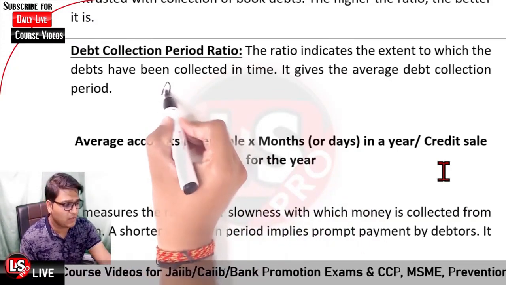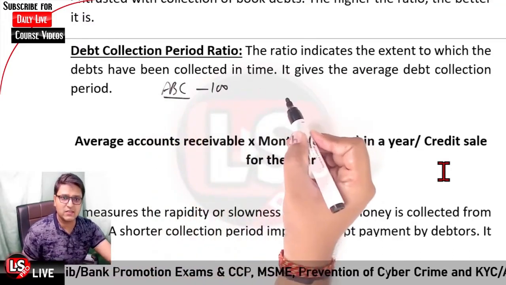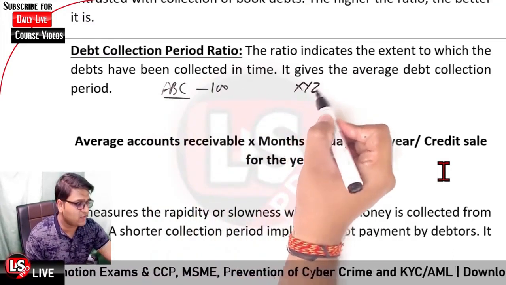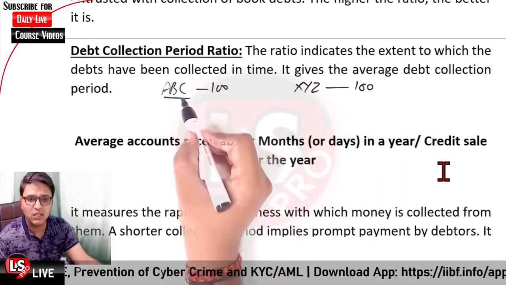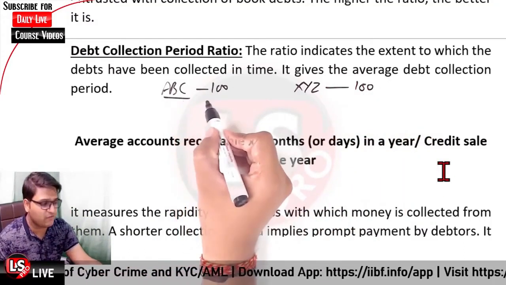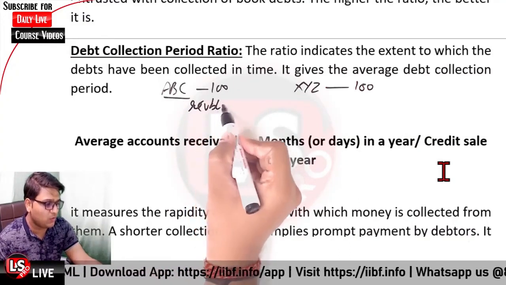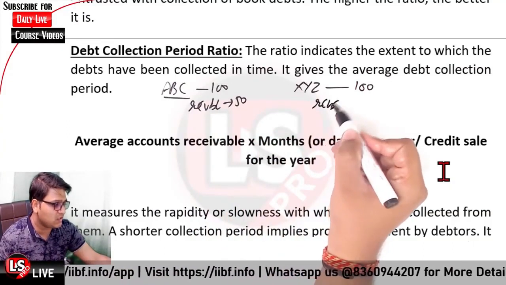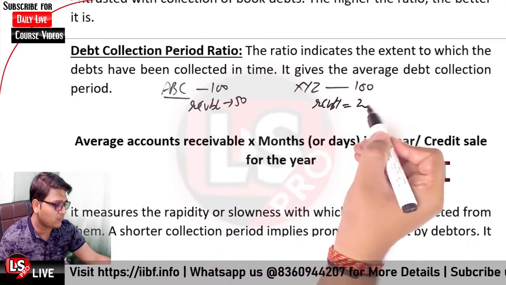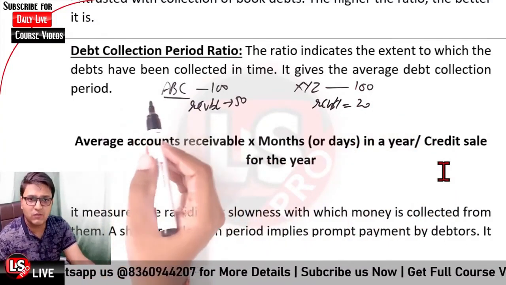Now in firm ABC, the credit sales are equal to 100 and the average account receivables are equal to 50. In XYZ, the credit sales are again 100, but the receivables are equal to 20. So what would be the debt collection period?